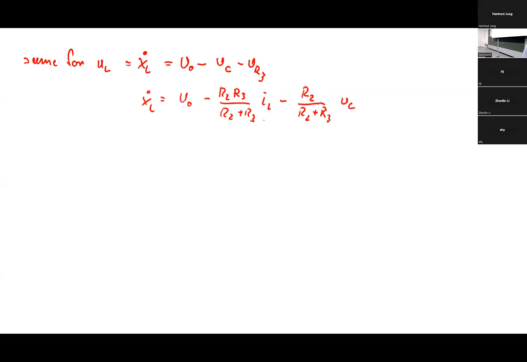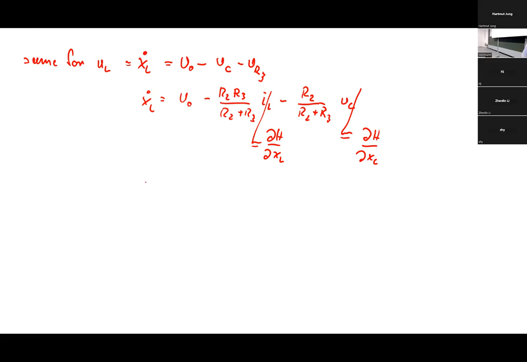And this here is equal to the derivative of the Hamilton function with respect to xL. And this here is equal to the derivative of H with respect to xC. Okay.